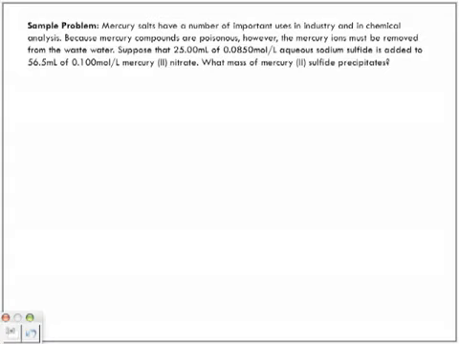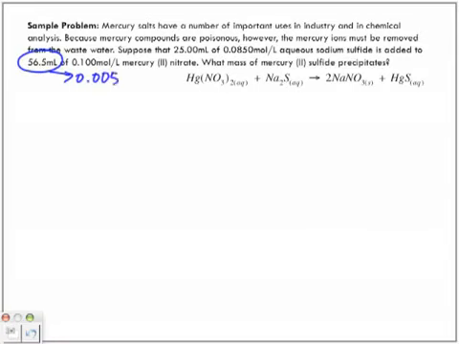So let's look at the formula as we start any one of these steps. We start off with our formula, and our formula looks as such. What we're going to do first is take the concentrations and the volumes. We've got the volume here, and we make sure that we convert our volume to liters, which is 0.0565 liters.